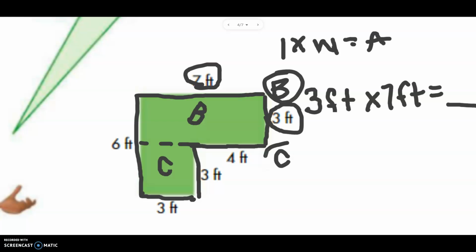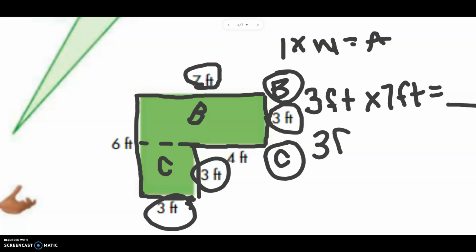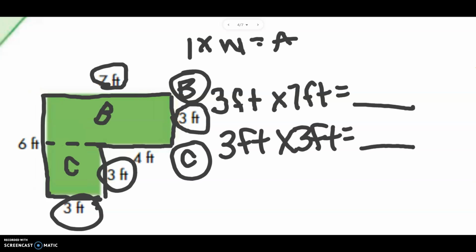Now let's solve for shape C. I have my length and my width. They are both the same because it is a square. 3 feet times 3 feet. And then that would give me the area.